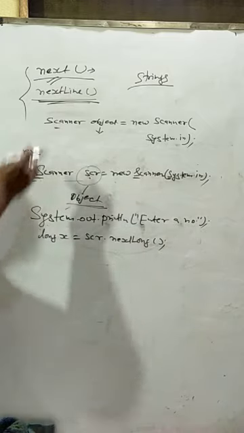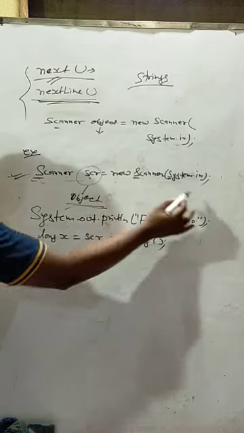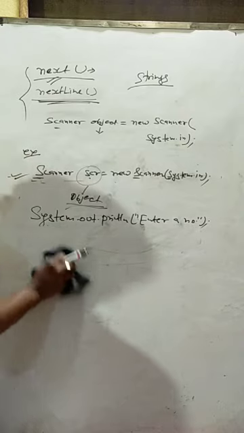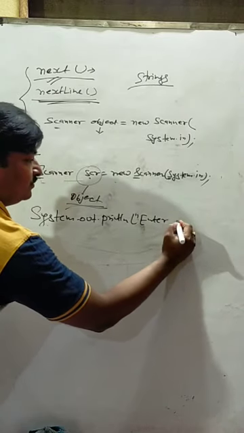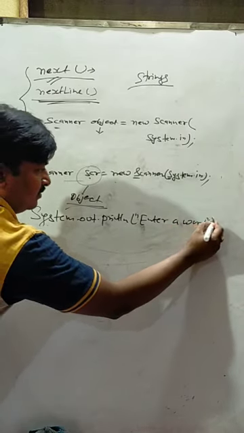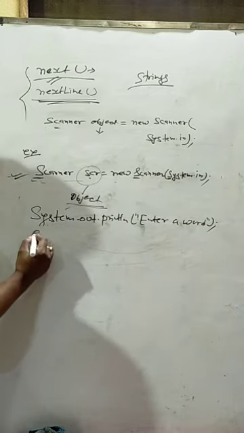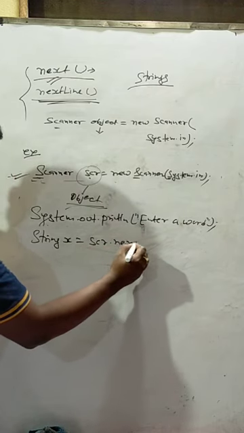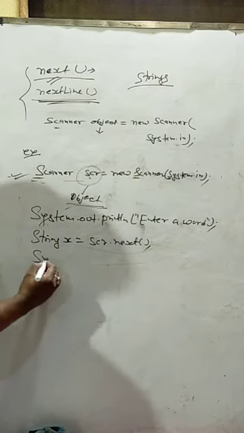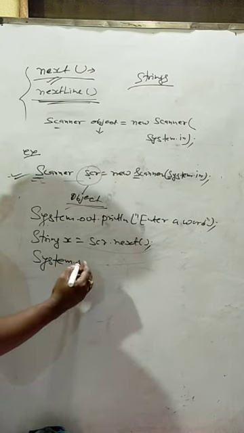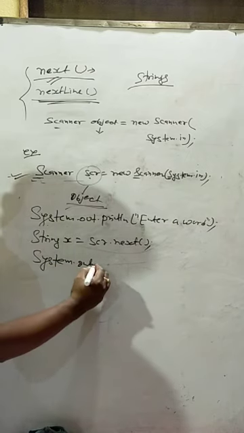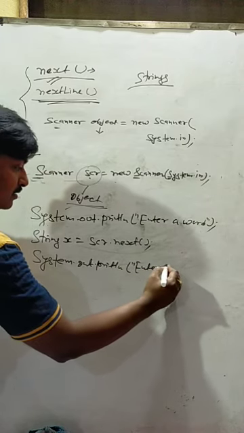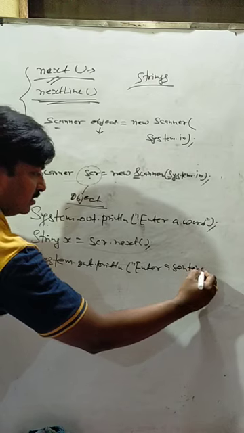The format of using the next or nextLine function is the same. First of all, we have to create the scanner object. After creating the scanner object, we will give a prompt to the user like this: enter a word. For a word, we need a string variable: String x equal to scr.next. Similarly, to input a sentence, enter a sentence.